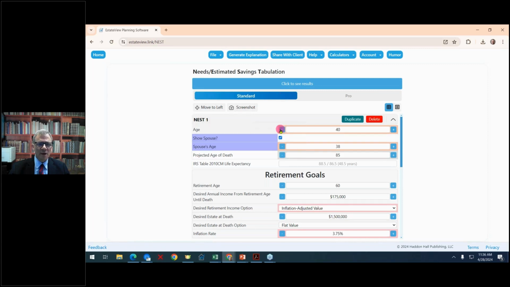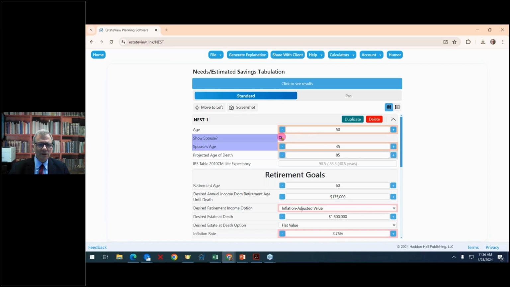So our standard model allows me to put in the age of the older client, which is usually the breadwinner. Let's say age 50, and then the age of a spouse that is going to be living longer, usually, say age 45.